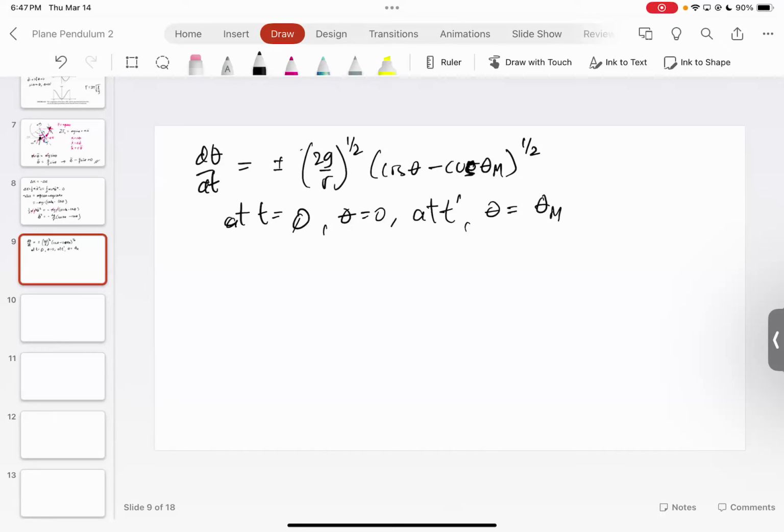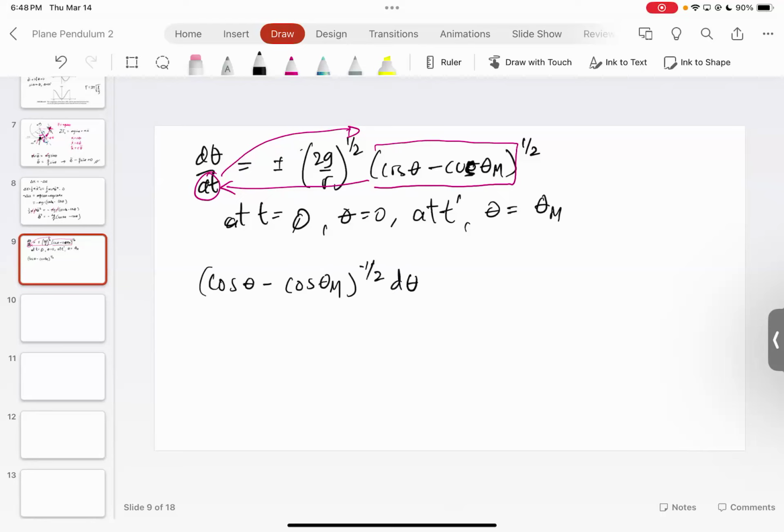We did that so that we can integrate. So when we integrate, this part we bring down there, and this part we bring up there. So we have the integral of cosine theta minus cosine theta sub m raised to the negative 1/2 d theta.